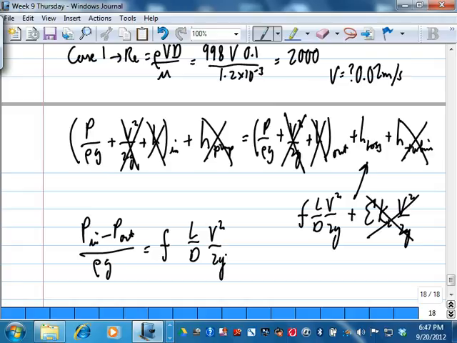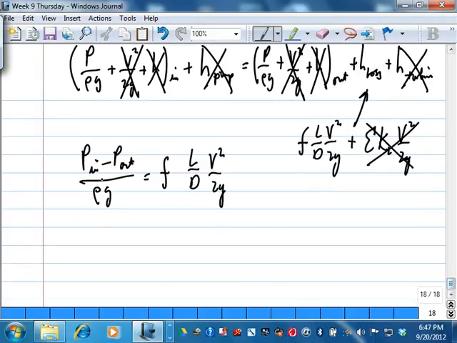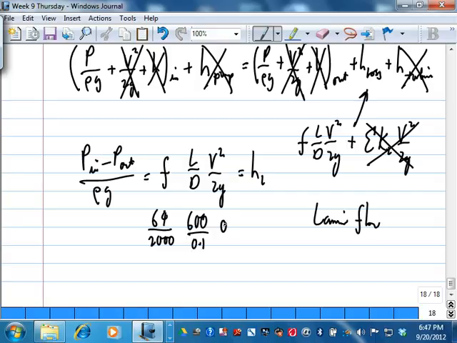And this is basically a head loss, which is equal to HL. So the first case, laminar flow. f is 64 on Re, 64 on 2000. Length is 600 meters. Diameter 0.1. Velocity 0.02 squared over 2 times 9.81. Equals head loss.